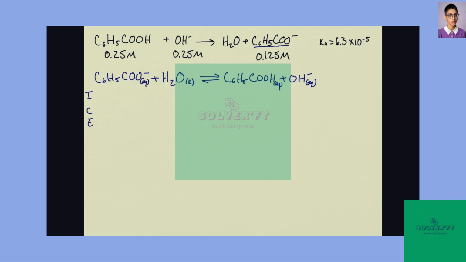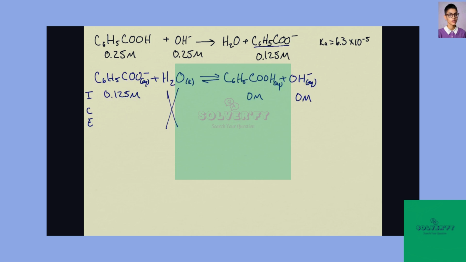Initially, as we just saw, we start with 0.125 molar C6H5COO minus and 0 molar C6H5COOH and 0 molar OH minus. And liquids aren't used in these calculations, so we can ignore water here.